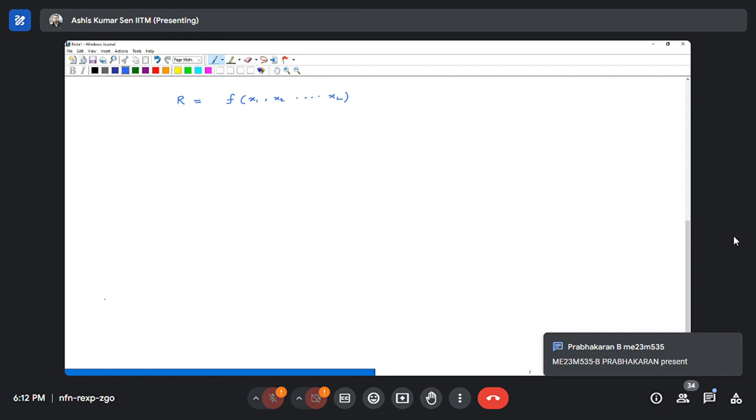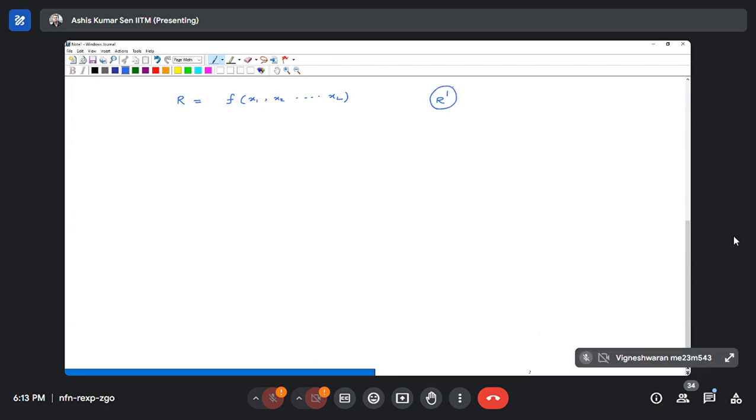Okay. So the best estimate of R, the true value of R, is R prime, and our R prime is basically R bar plus minus the uncertainty in R at some probability, say 95%. Okay. So where your R bar, like the previous case, is now going to be a function of x1 bar, x2 bar, x3 bar, and so on.